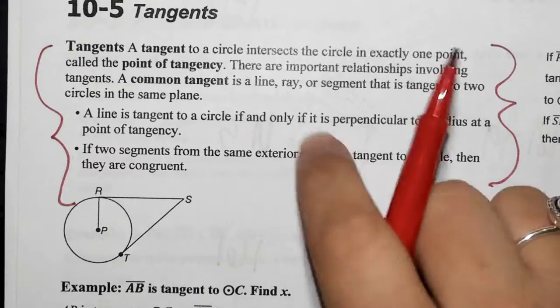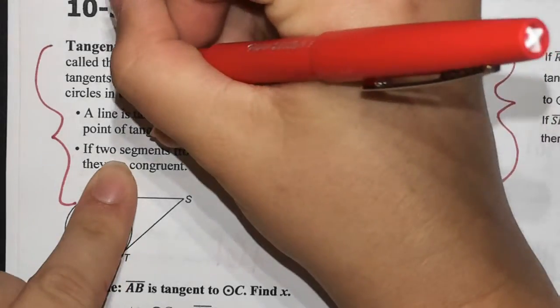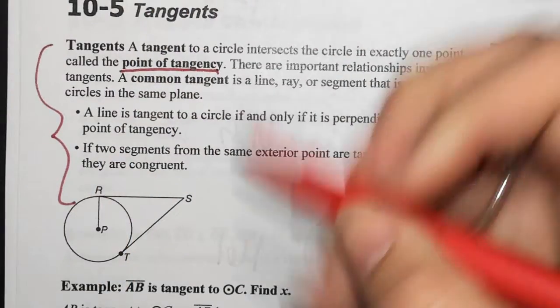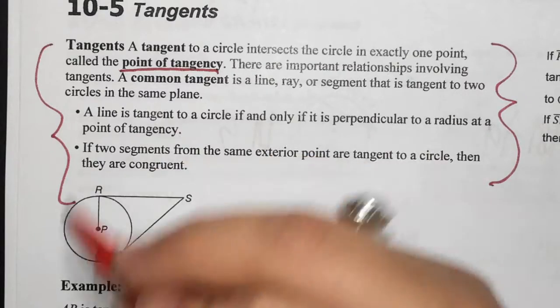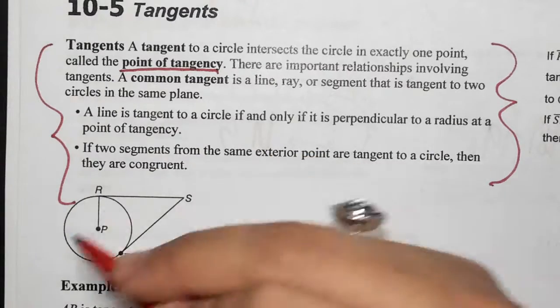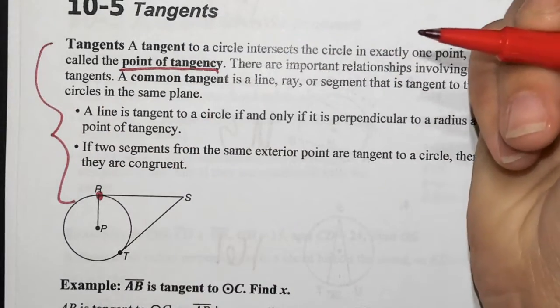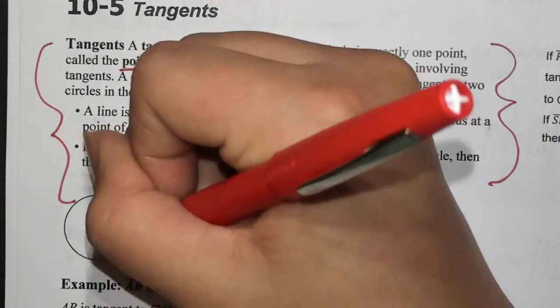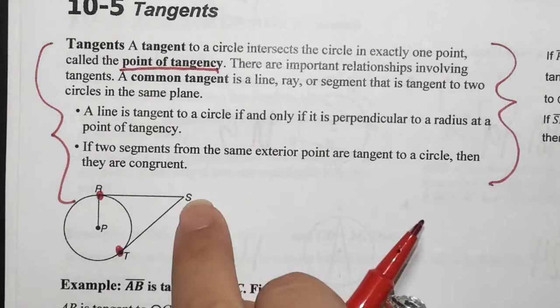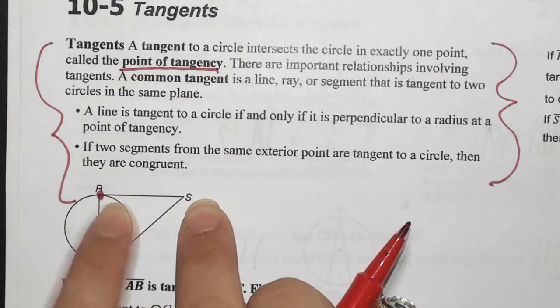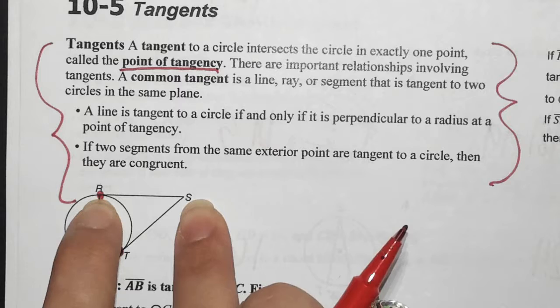All right, so in the first sentence, you learned what a point of tangency was. So in this example, what's a point of tangency? It's R, and T. It's wherever there's a tangent line and wherever it touches the circle in one point is called a point of tangency.